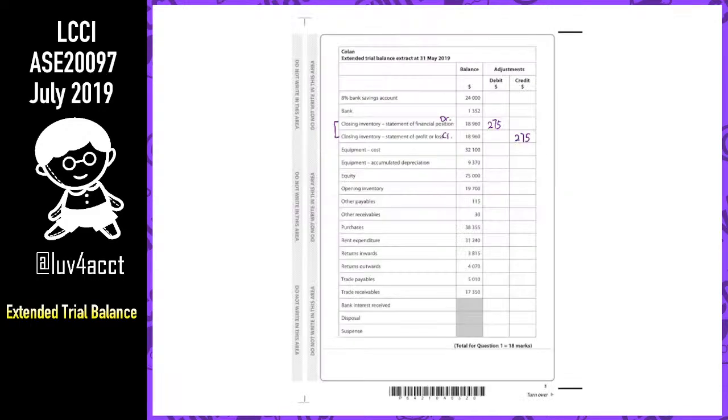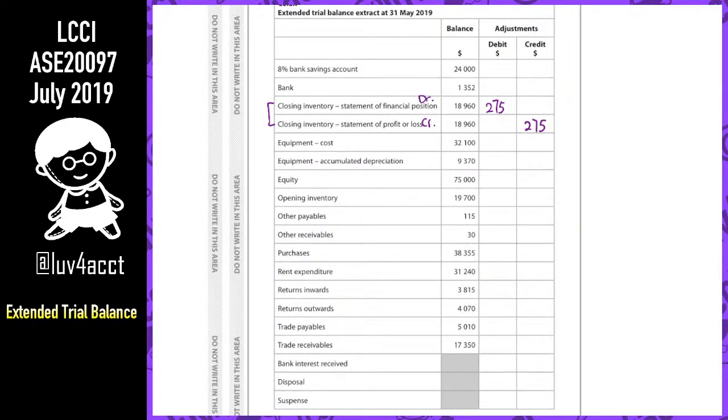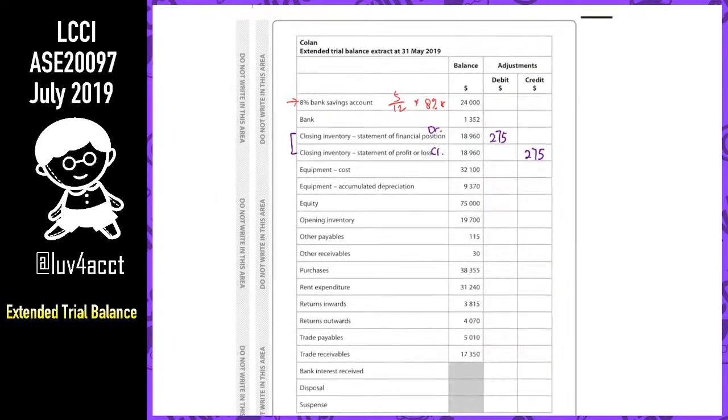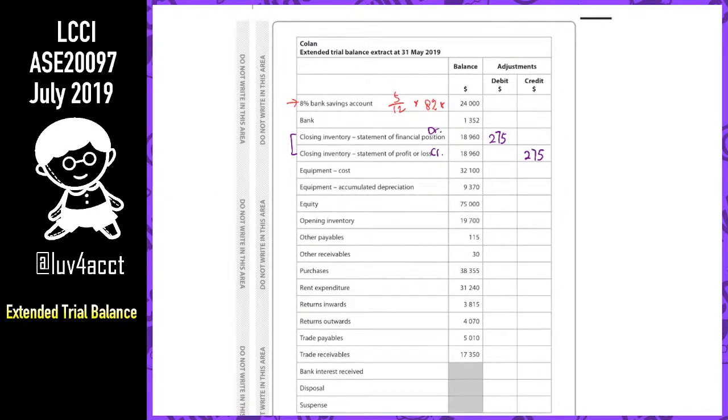So 24,000 multiplied by 8%, multiplied by 5 over 12. We should have interest income of 800.